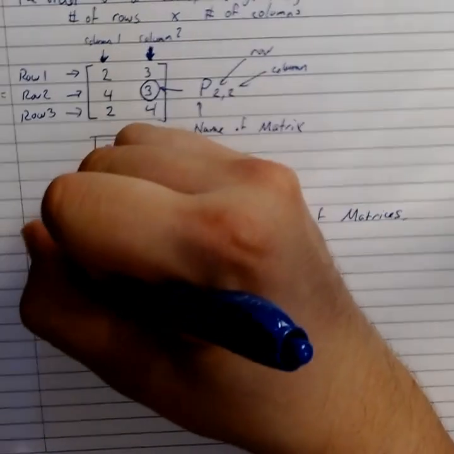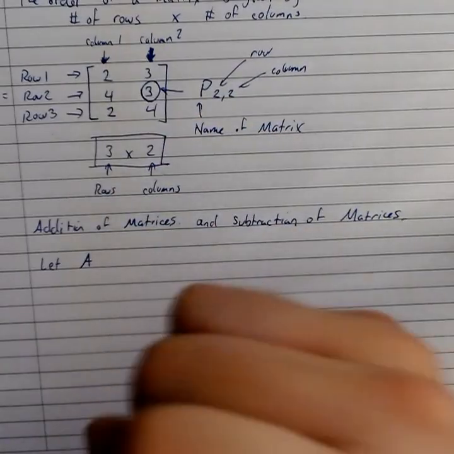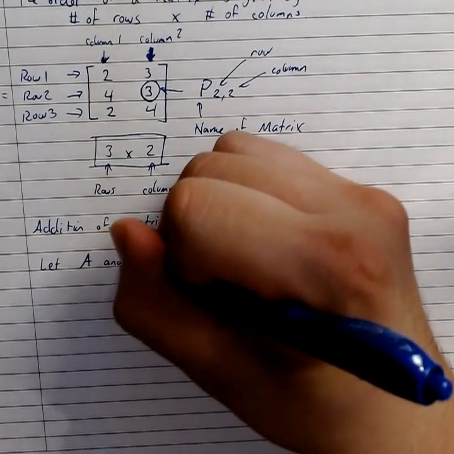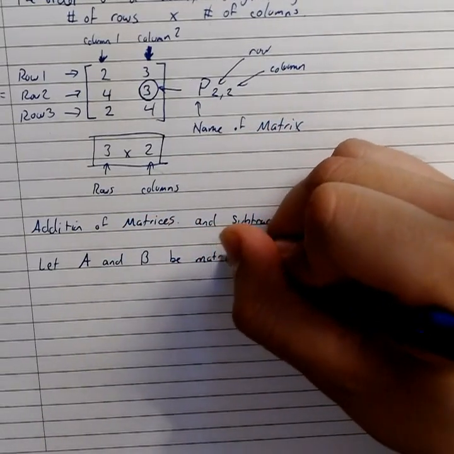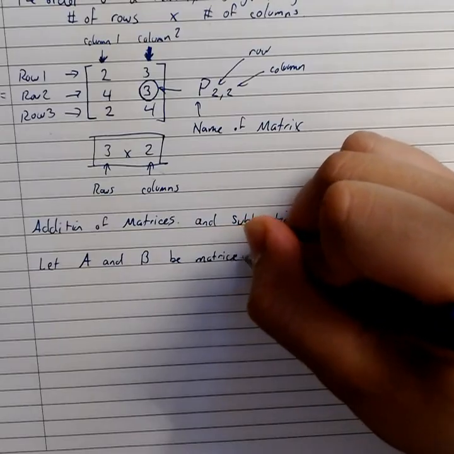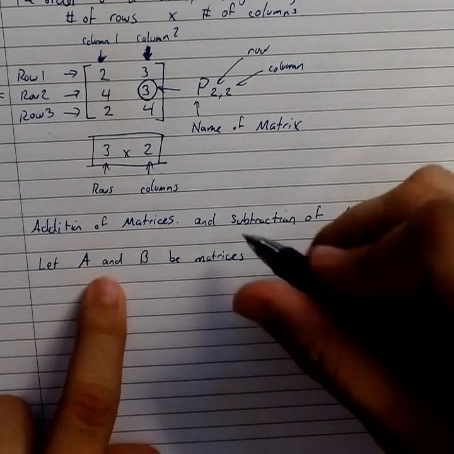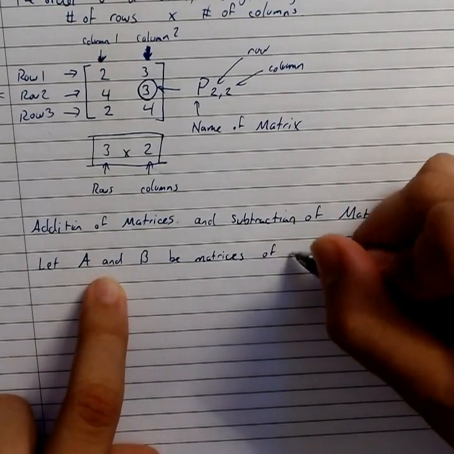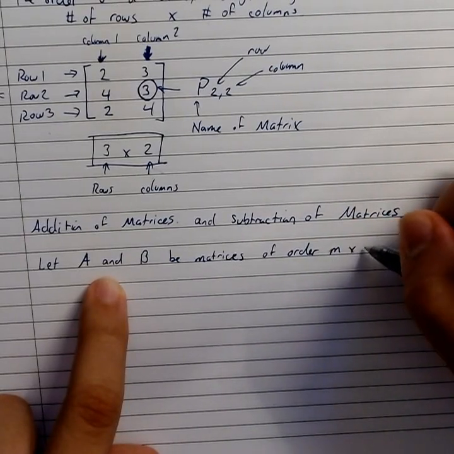So let's begin with two matrices. And here I'll use the letters capital A and capital B for my matrices. Let A and B be matrices. These two matrices must be of the same order. So let A and B be matrices of order m by n.